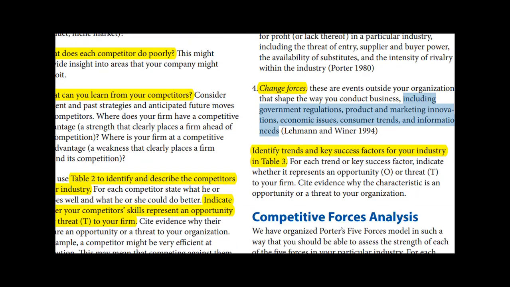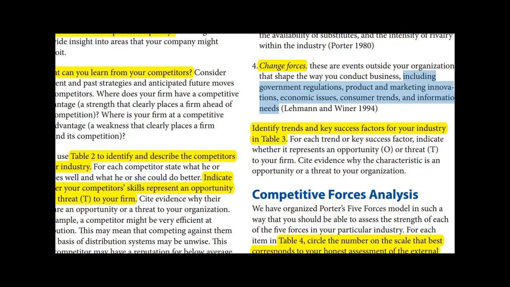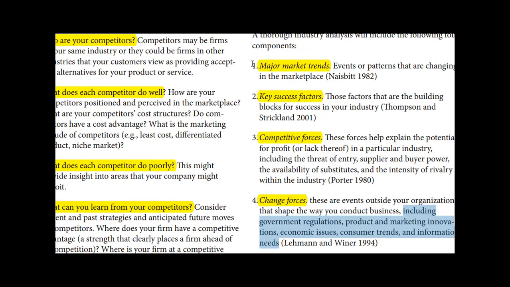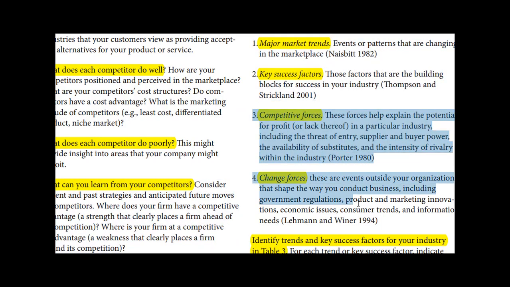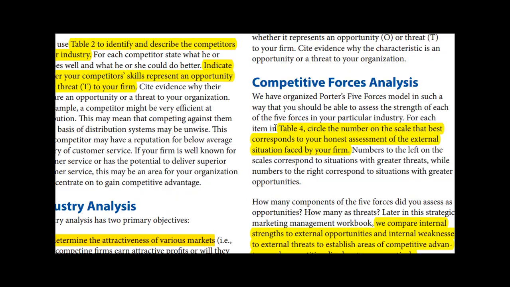As we have said, table 3 talks about the first two parts of this industry analysis, and subsequently parts 3 and 4 are elaborated in table 4, in which a scale is developed for the assessment of the external situation for the firm.